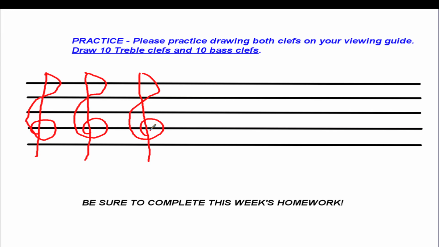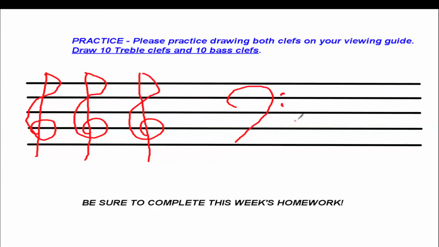Alright, so what I want you to do is to draw 10 of those on your viewing guide, and then also you're going to draw 10 bass clefs. Now for the bass clef, you start in the third space, you start doing a loop up through the top space and all the way down to the bottom space like that, and then you do 2 dots around that fourth line, and there's your bass clef.